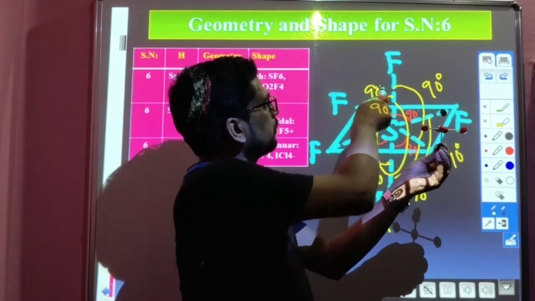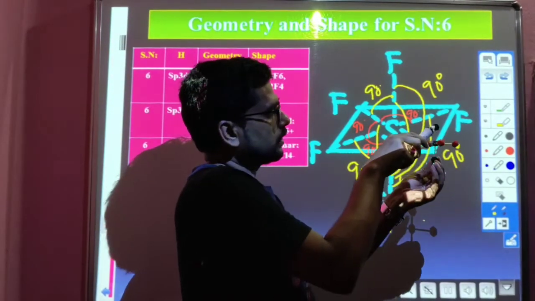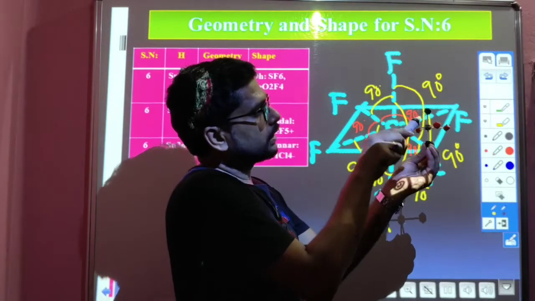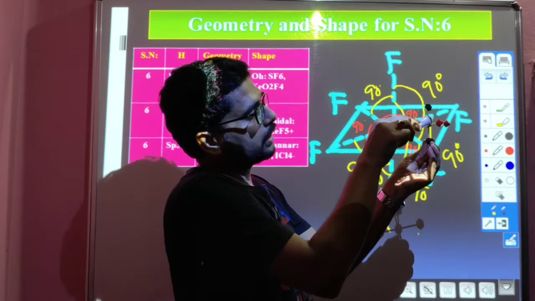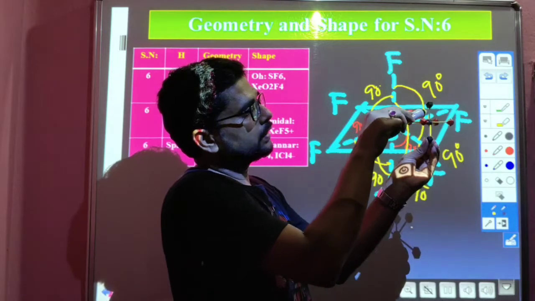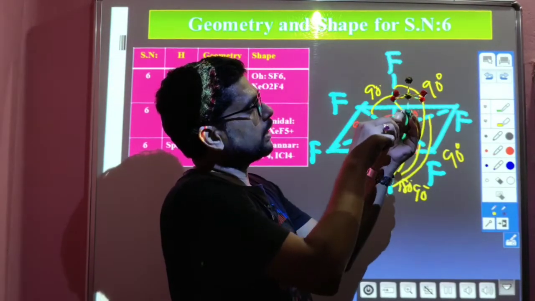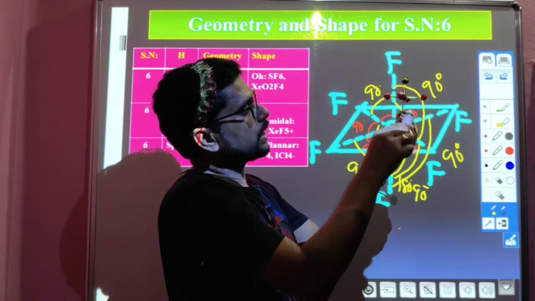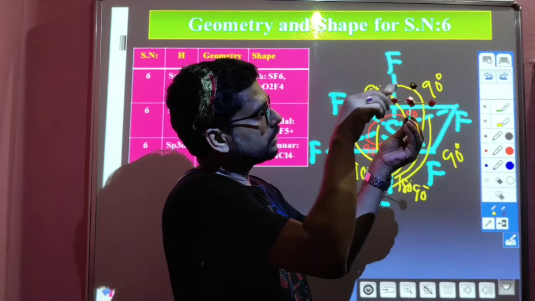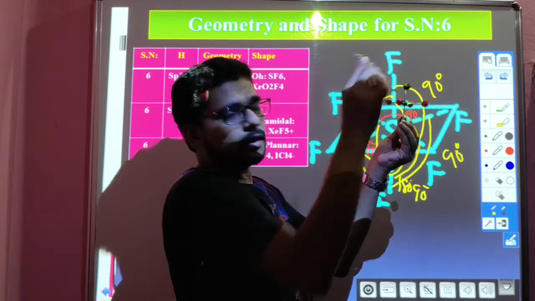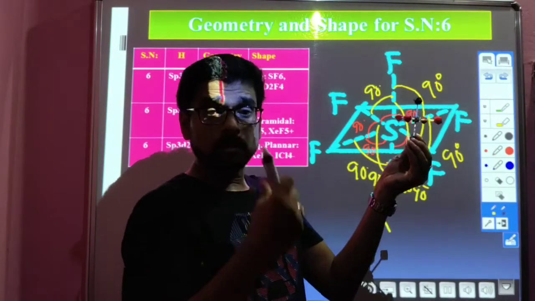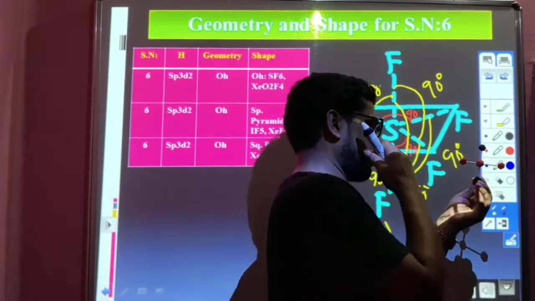This one and this one are 180. Here, this one is 90, this one 90, this one 90, and every other angle here is also 90. Okay, got it? No problem?